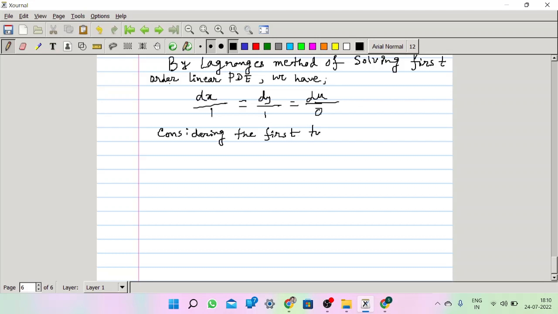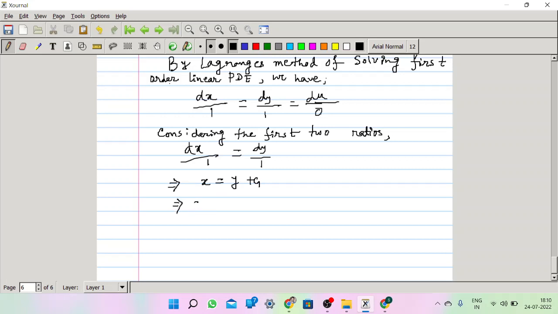I get dx by 1 equal to dy by 1. So the solution becomes dx equal to dy. Now I integrate both sides. So integrating I get x equal to y plus some constant c1.